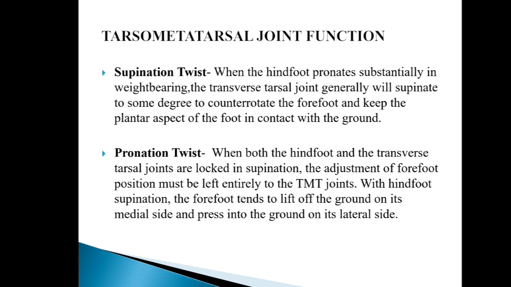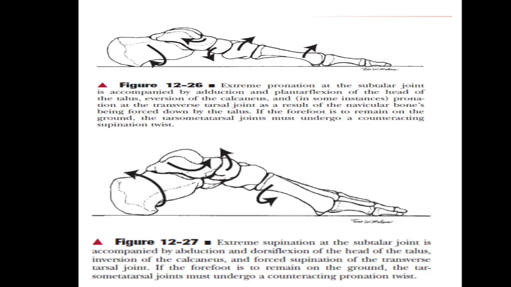In pronation, both the hindfoot and the transverse tarsal joint are locked in supination, so adjustment of position must be left entirely to the TMT joint. These are the figures showing the first extreme pronation at the subtalar joint and extreme supination at the subtalar joint.